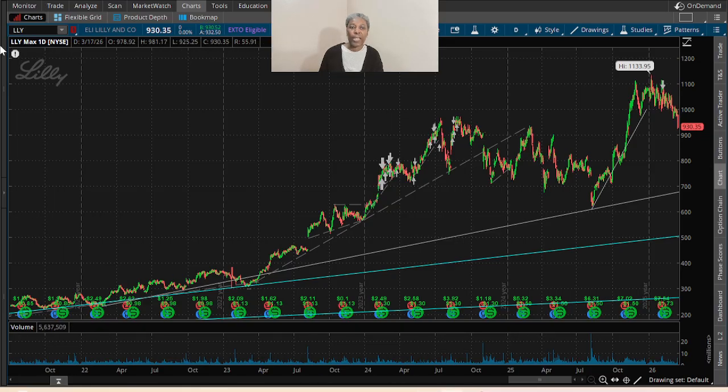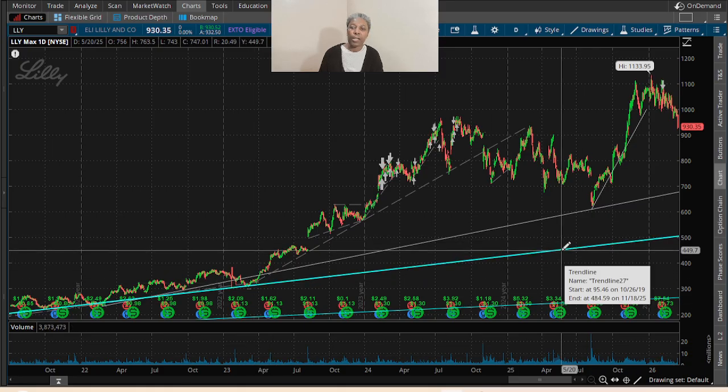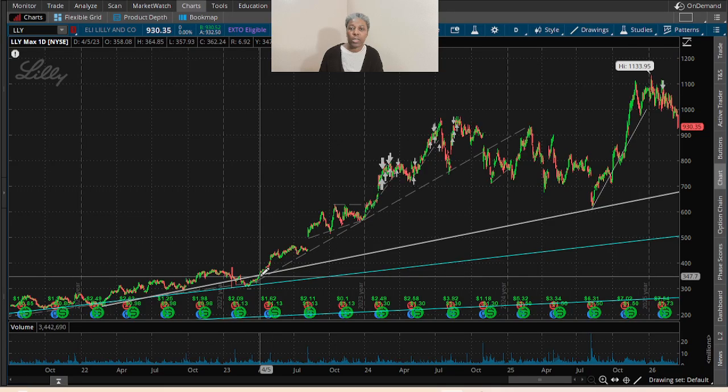Yesterday we analyzed LLY. When we are looking at LLY, this line is a long option line because it crossed multiple years.